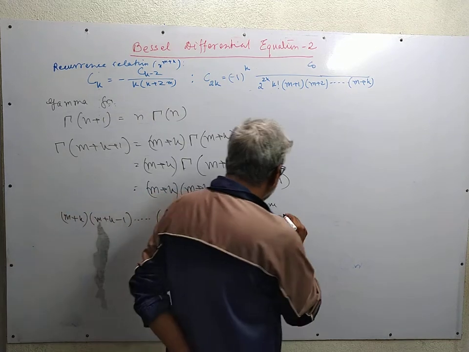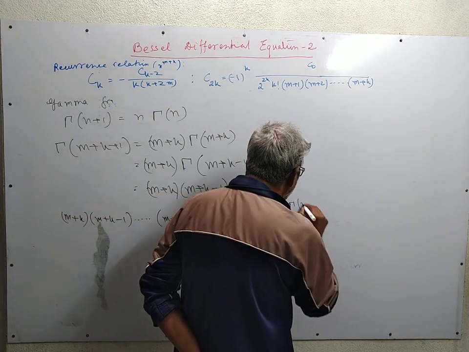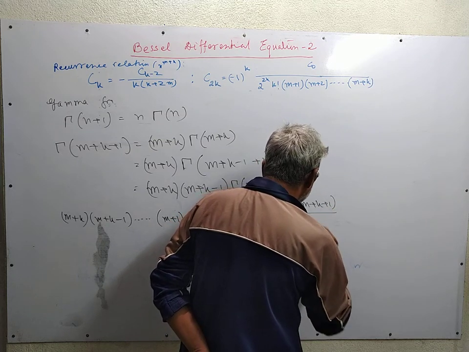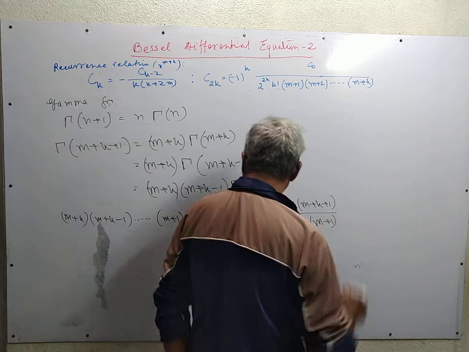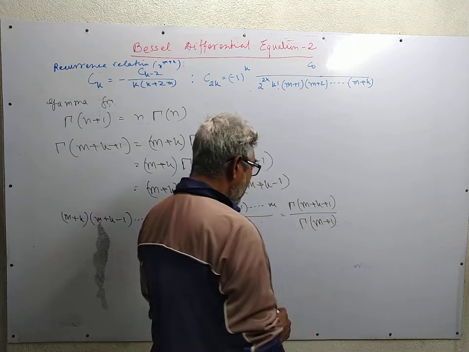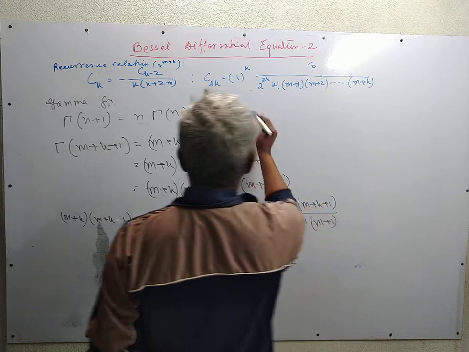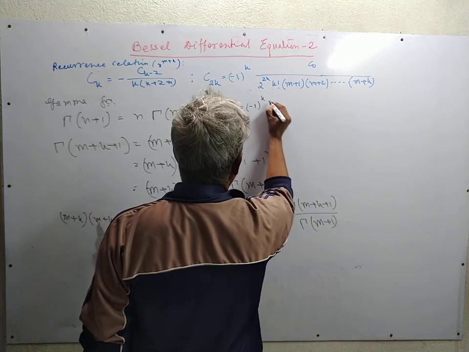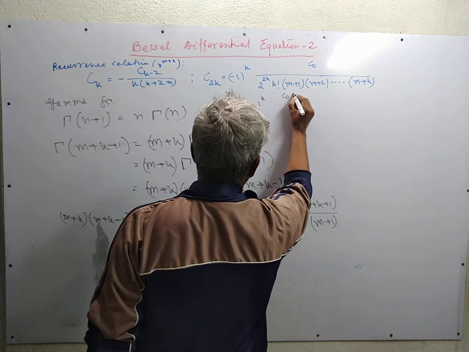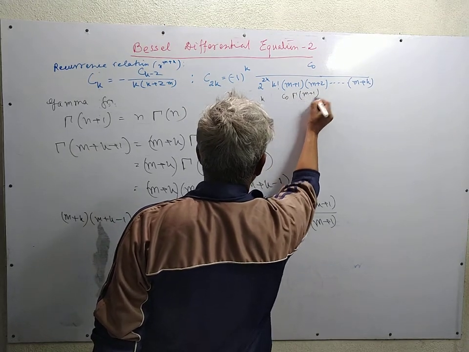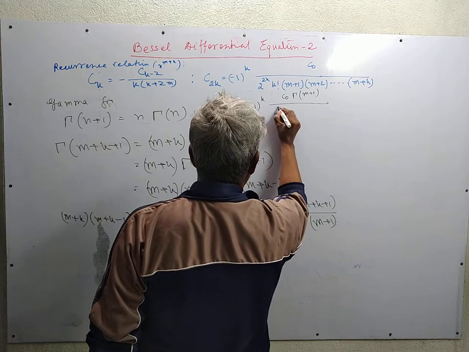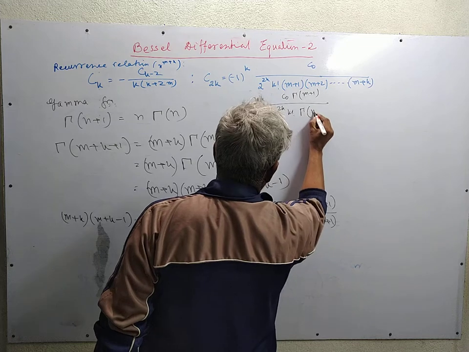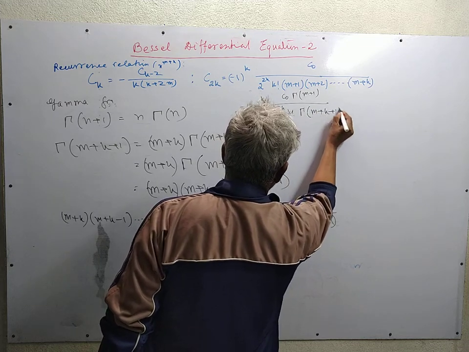The numerator can be written as gamma of m plus k plus 1 and the denominator as gamma of m plus 1. So this part can be written as minus 1 to the power k C0 gamma of m plus 1 to the power 2k k factorial gamma of m plus k plus 1.